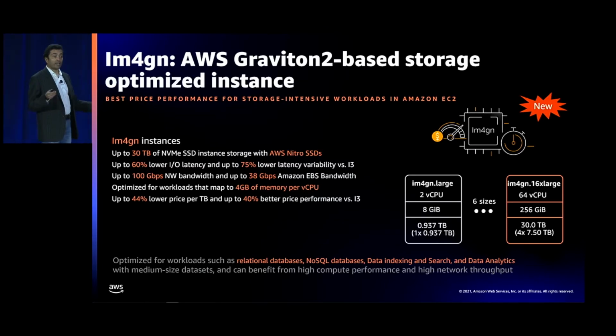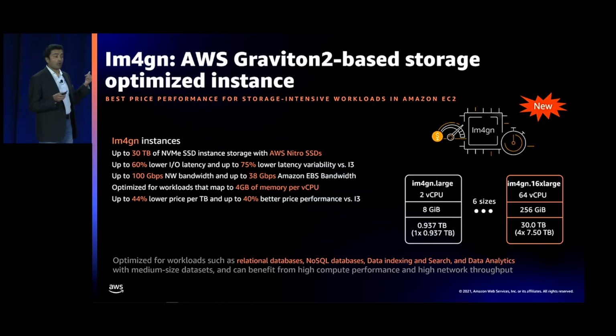So now let me click down into the new instances themselves. The first instance that we launched yesterday is IM4GN. IM4GN is a Graviton2-based storage optimized instance, delivering the best price performance for a storage optimized instance, optimized for workloads with medium data sets, which can benefit from high compute performance and high network throughput.